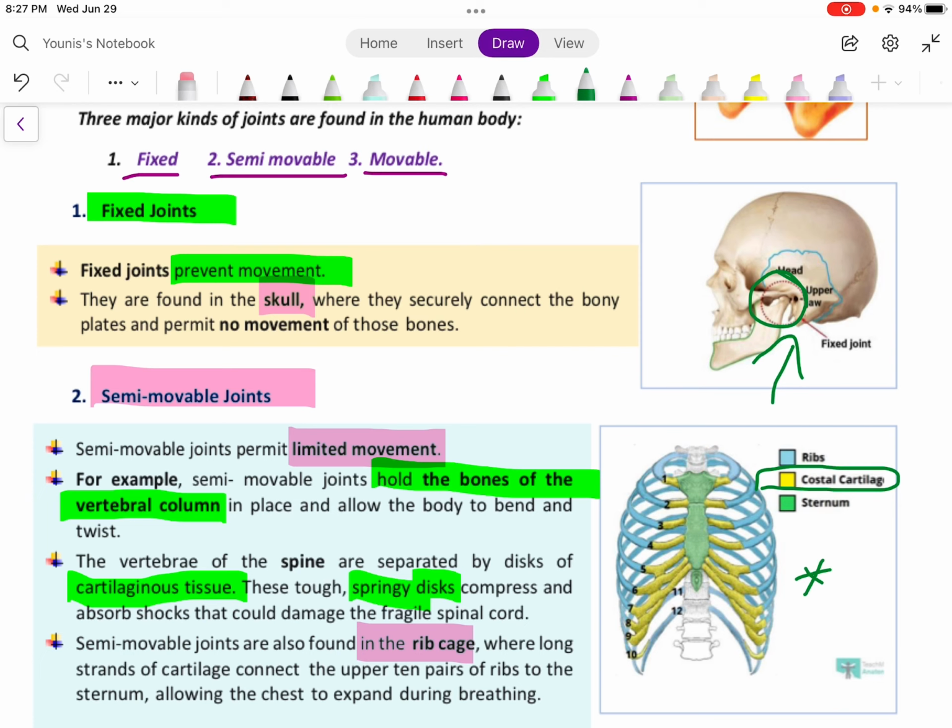The yellow bones are cartilage in structure, and they can provide some movement during inhalation in order for the rib cage to expand during breathing. It's mentioned in the explanation as well. So this cartilage connects the ribs with the sternum, allowing the chest to expand during the breathing process.